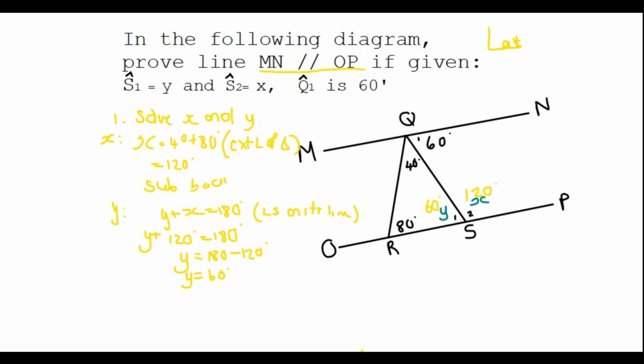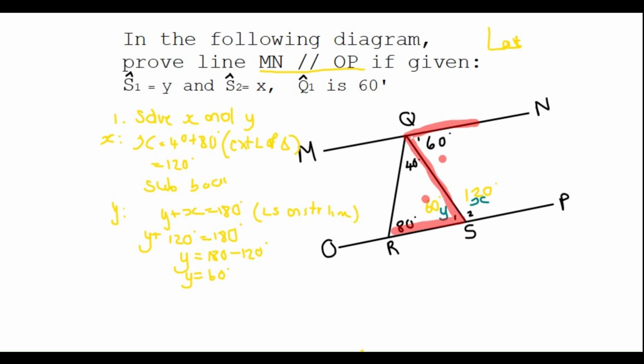Okay, I still haven't proven anything. The question was, prove that line MN is parallel to OP. There's MN and there is OP. Do you notice though that there's a 60 and there is another 60? Okay, do you see that? So do you see a pattern maybe? Let me get my highlighter. I see that two angles that are alternate are equal.